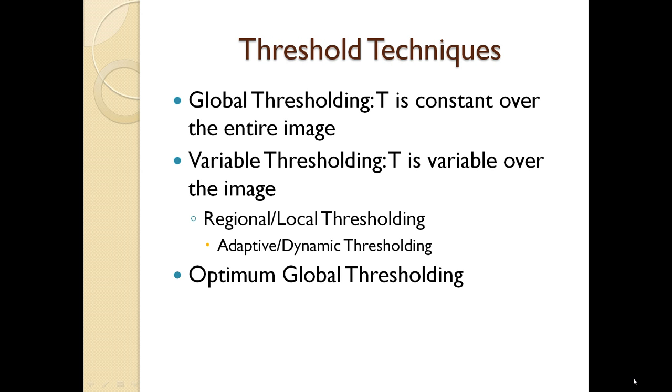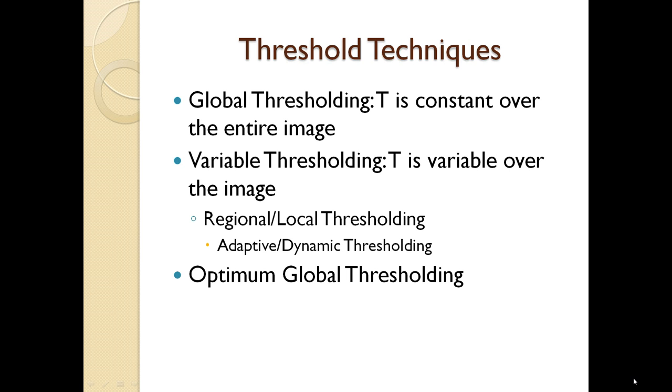There are a variety of threshold techniques. There's global thresholding, in which T is a constant over an entire image, and then variable thresholding, in which T is variable over the image, and subsets of that include regional or local thresholding.